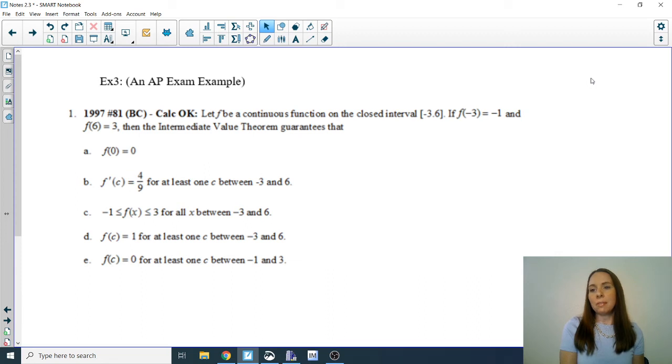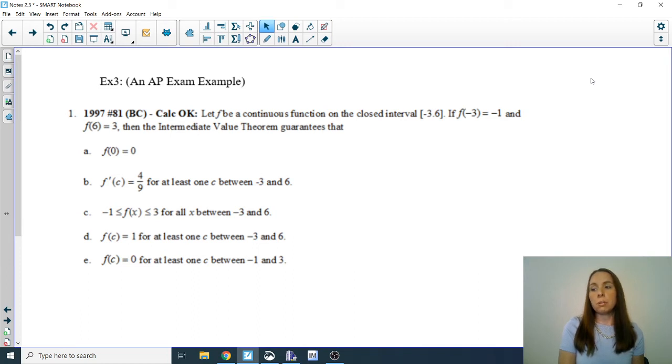If f of -3 equals -1 and f of 6 equals 3, then the intermediate value theorem guarantees that, and then you have to choose the correct answer. So it's basically testing you on whether you know the conclusion of the intermediate value theorem. Do you know what the intermediate value theorem is guaranteeing the existence of?